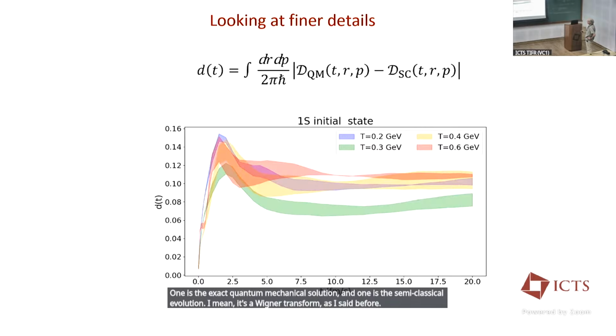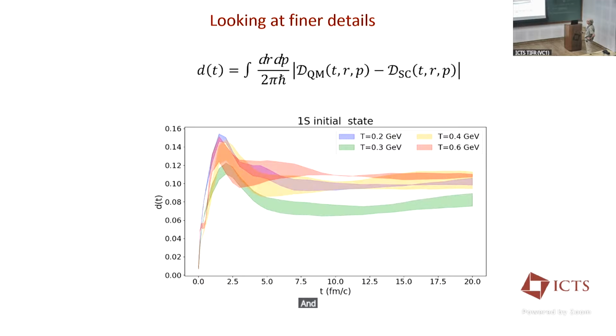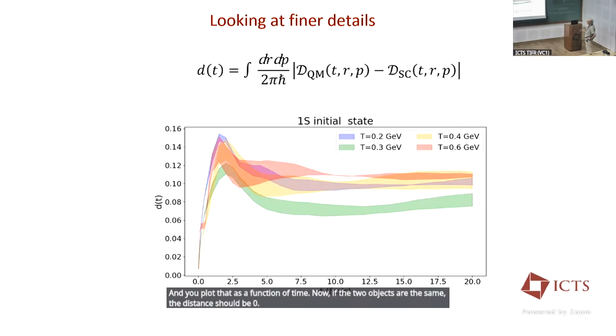So it takes the norm of this difference, integrates over the phase space, and you plot that as a function of time. Now, if the two objects are the same, the distance should be 0. If they differ, the distance is positive. It is a norm, so it is by definition positive.